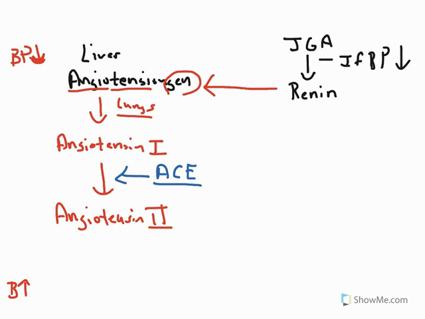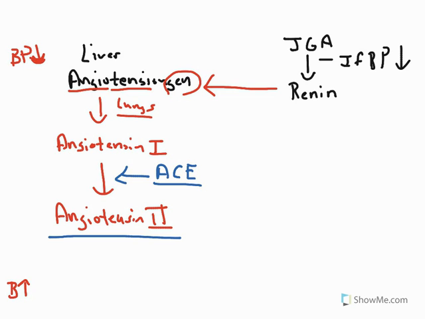Pharmacologically speaking, if you've ever heard of ACE inhibitors, like lisinopril, then you know that if I give someone an ACE inhibitor, it lowers their blood pressure. So this is how it works. It prevents the formation of angiotensin-2. Now, how does that keep our blood pressure down?